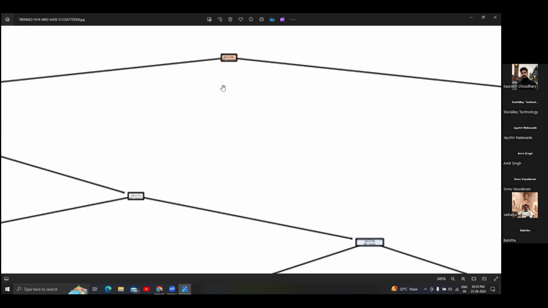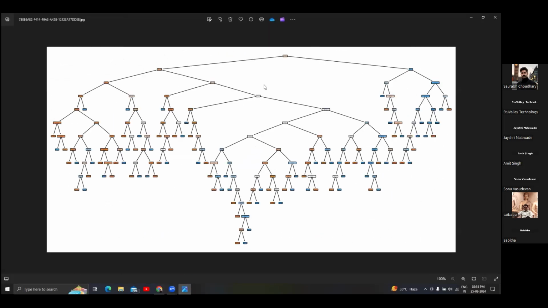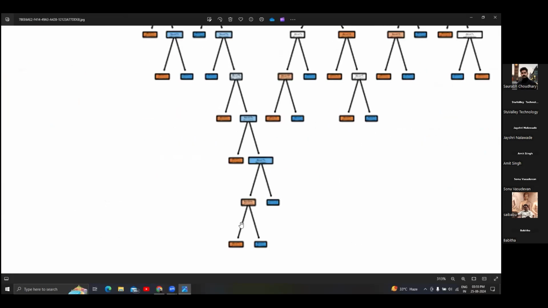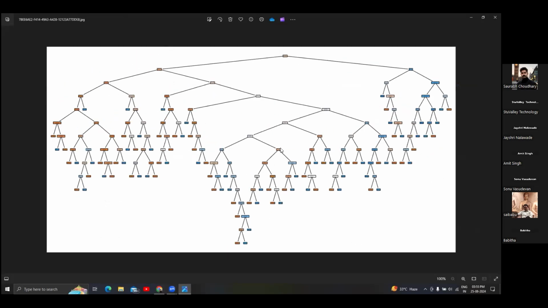Can you send the screenshot with the full? I think this is divided very fine, but this much big tree. One, two, three, four, five, six, 7, 8, 9, 10, 11, 12, 13, 14. How many levels are there? 14 levels.